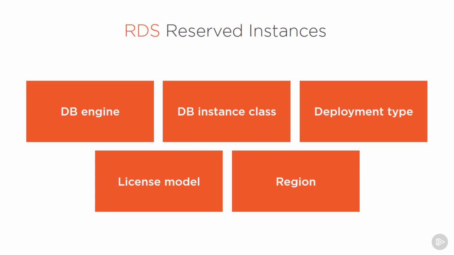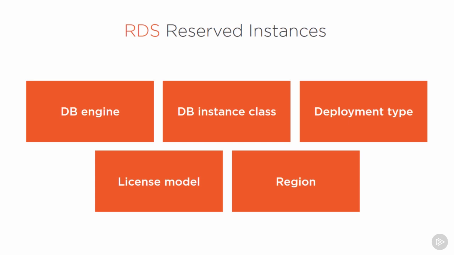If you modify any of these attributes on an RDS instance that already has an RI, it automatically reverts to an on-demand instance. If you later deploy a new RDS that meets all of the originally configured attributes for the RI, that RI gets automatically applied.